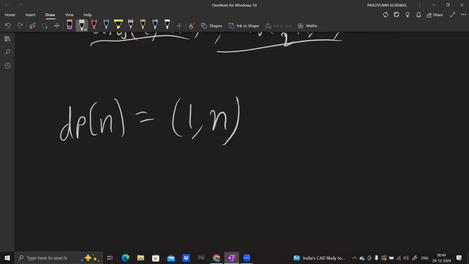Like if I want the answer for 3 to n plus 2, then I can use this dp of n and just shift it by 2. So I'm not storing for every index, I'm just storing for every length, right? So that's what I did.